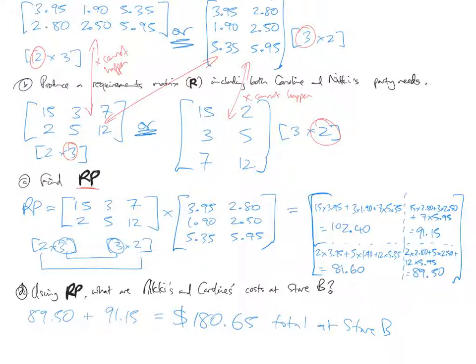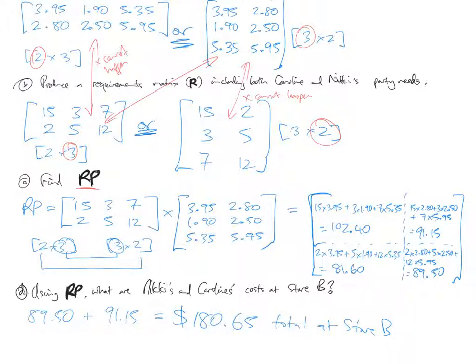Firstly, you can't times these two with each other. You can't times this requirements matrix with this costs matrix, but you can do this requirements matrix with that cost matrix. And when you check how they're going to multiply out, you can check in your head that the results are going to be meaningful.